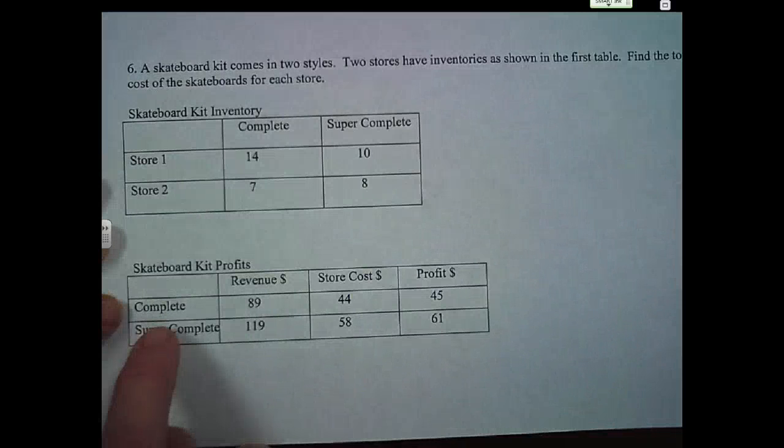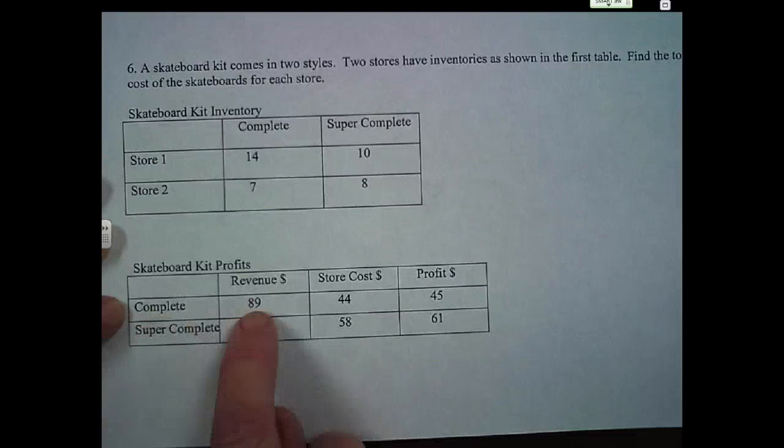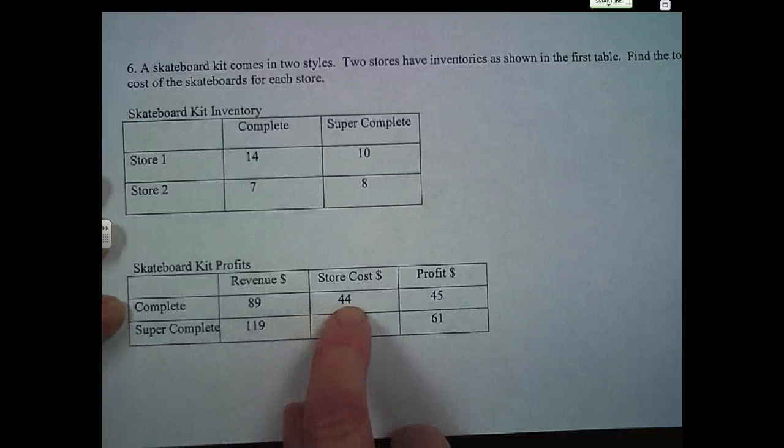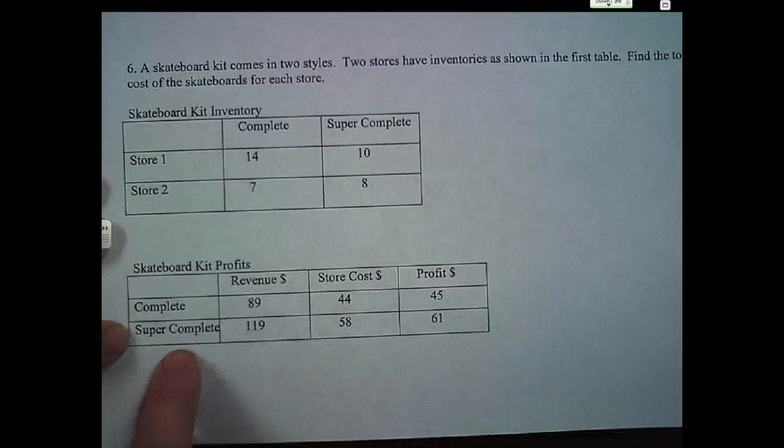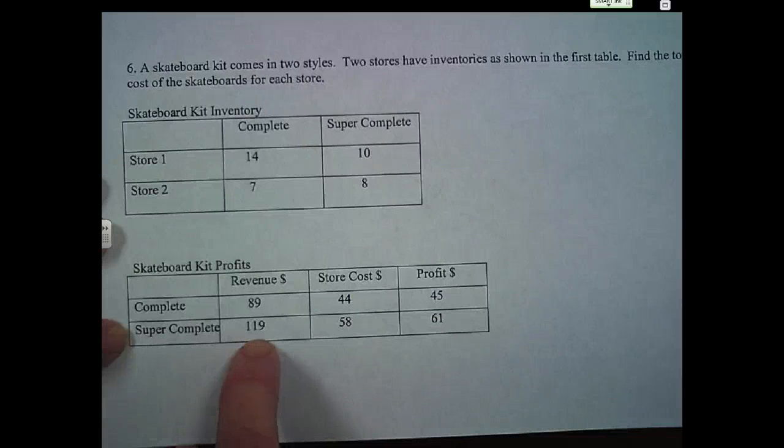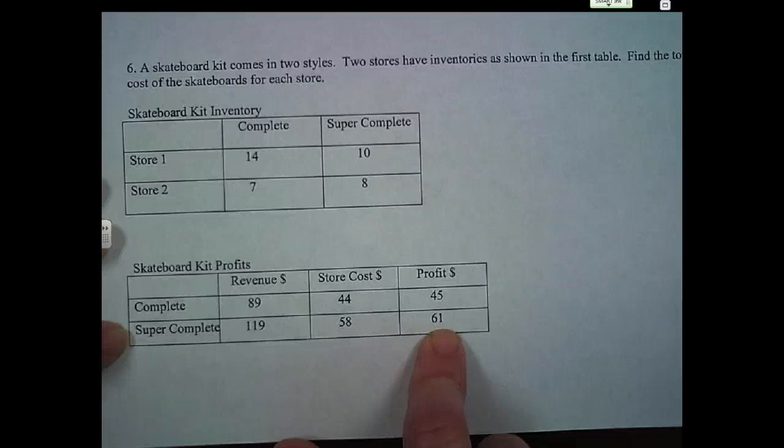On a complete set, he makes $89 in revenue. In other words, that's what the people are paying for it. It cost him $44 to make. Okay, so he's making a profit of $45. But on a super complete, he sells them for $119. It cost him $58, and his profit is a lot more, $61.